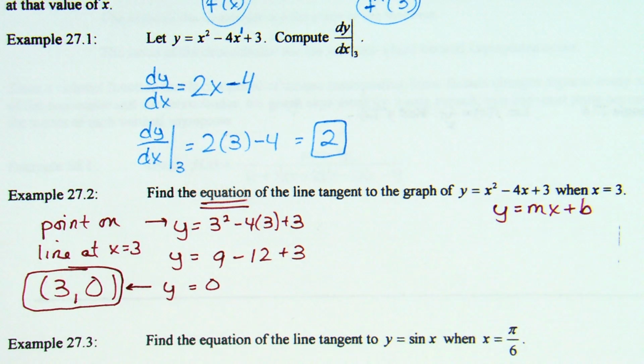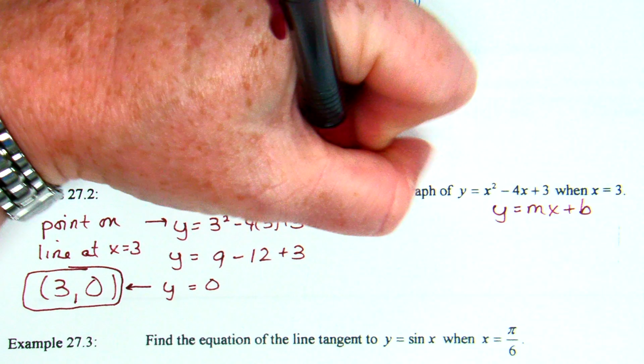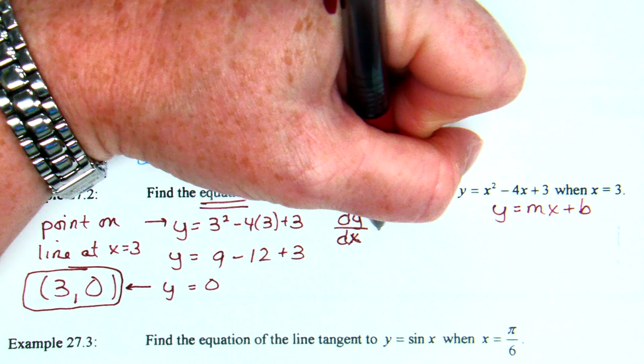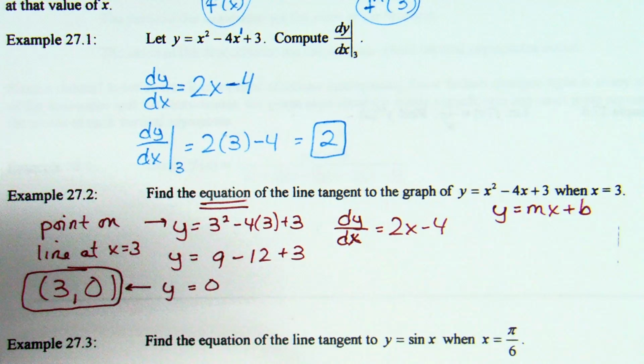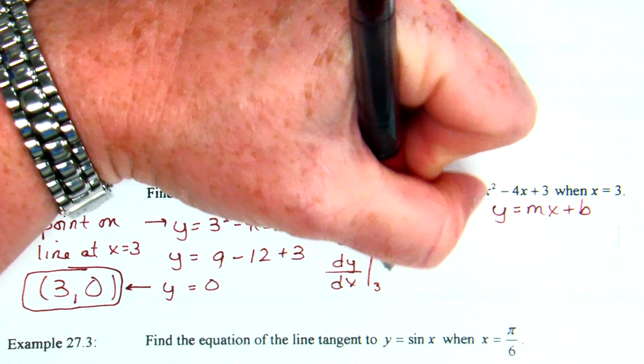I'm just going to rewrite it right here. dy/dx, we already found to be 2x minus 4, right? The derivative was 2x minus 4. And then when we put in 3, we already found that to be 2, yes?